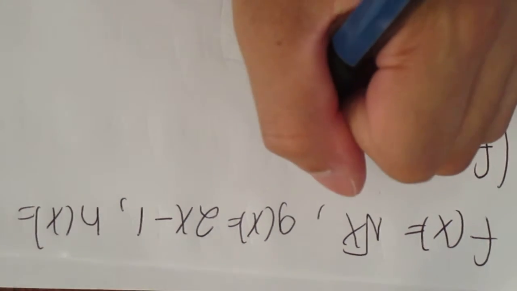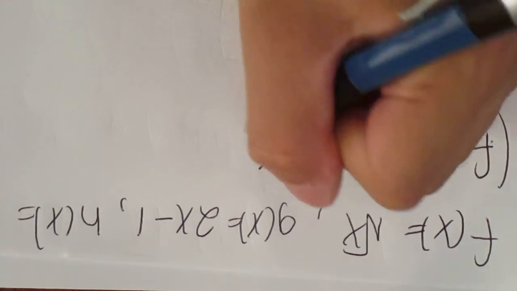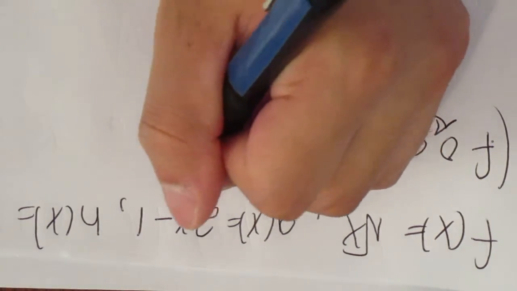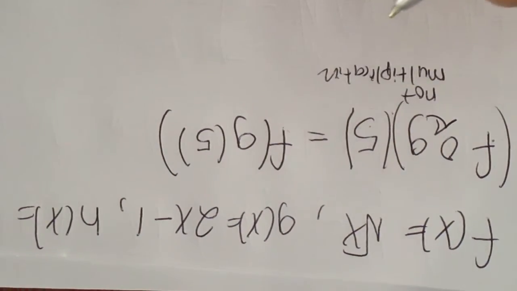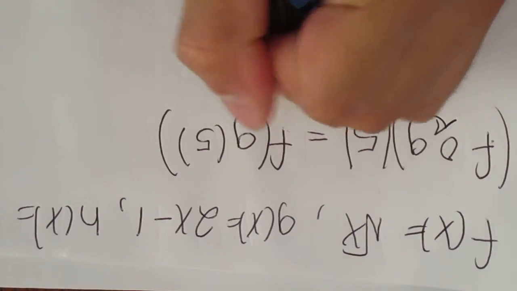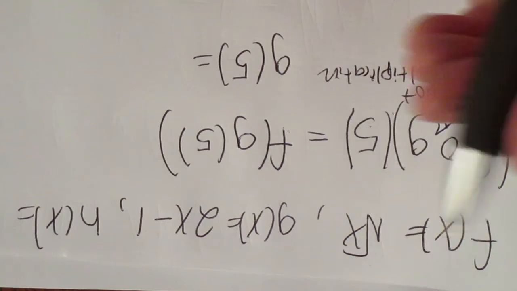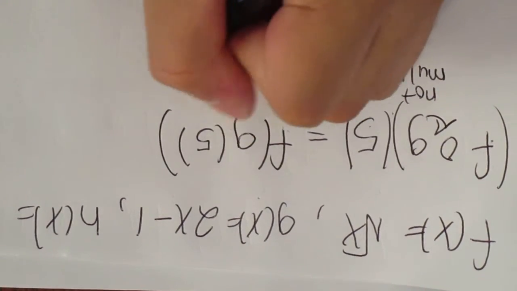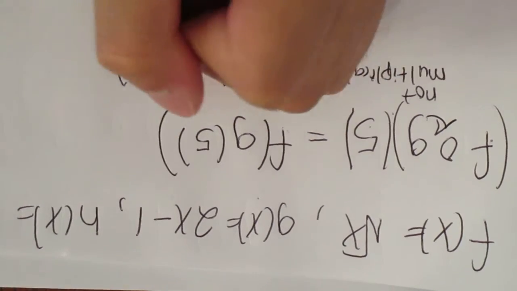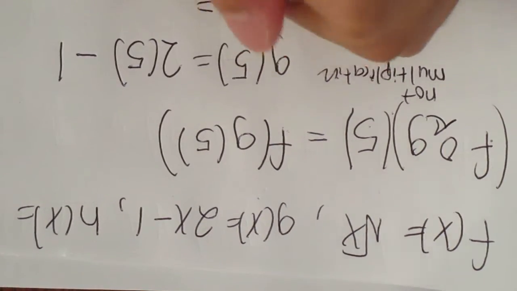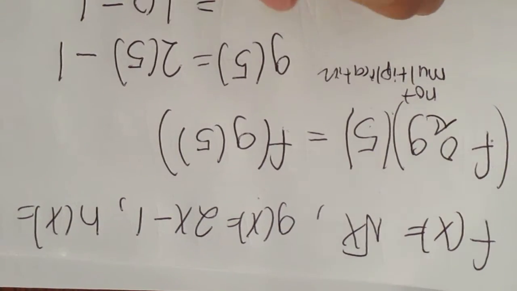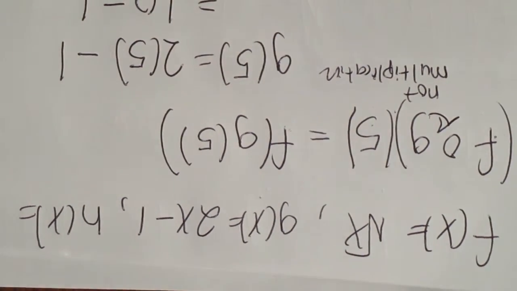So it's really saying f of g of 5. So first step, what is g of 5? g of x equals 2x minus 1. So g of 5 is 2 times 5 minus 1, and just simplify, that's 10 minus 1, which is 9.